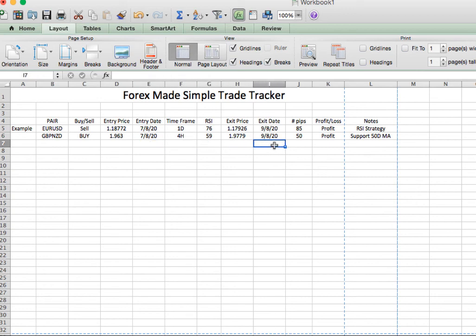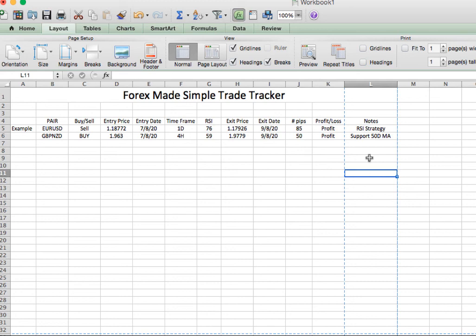So this is exactly how I developed my own strategy. I tested and tested and tested for months, and then I started to realize that when certain conditions came about, I had a much higher percentage of success based on those trades. Okay, that's how you develop a trading strategy.